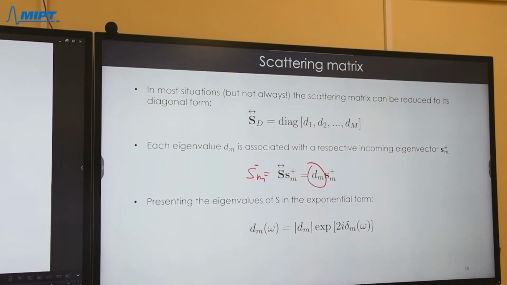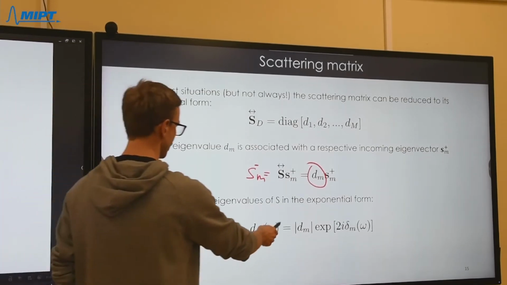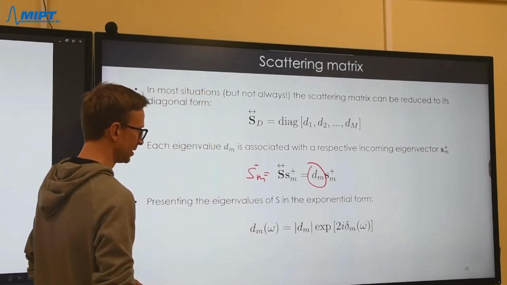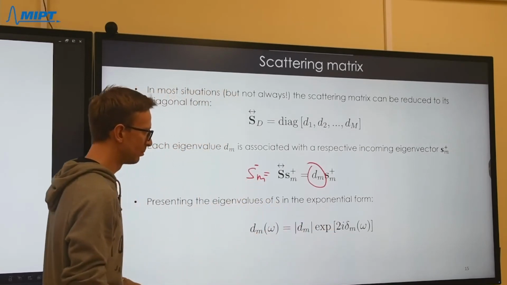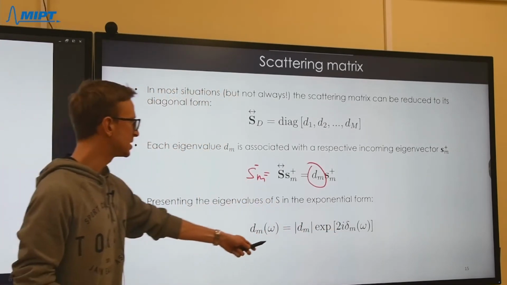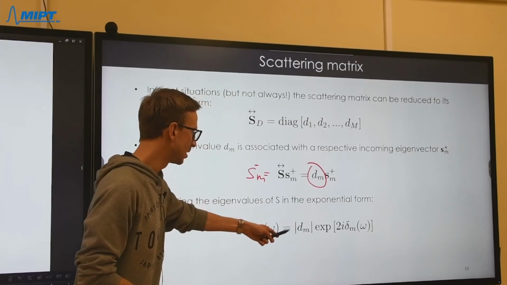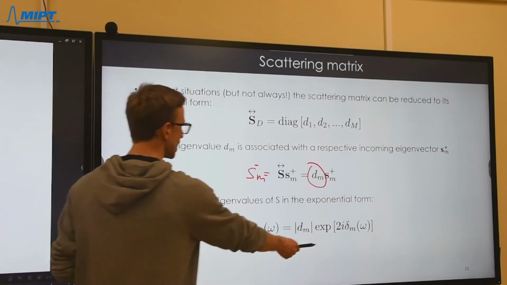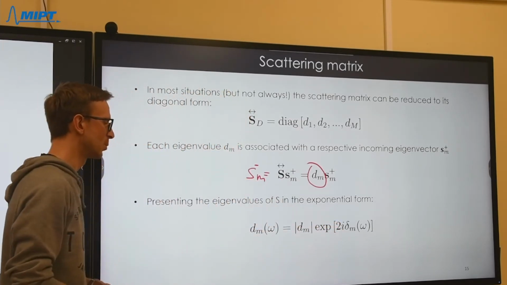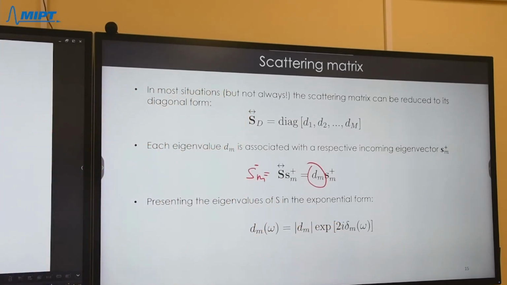And every element can be written in the exponential form, which basically represents every diagonal element as the absolute value multiplied by some exponent, where the absolute value describes the amplitude with which the scattering happens, and this delta describes the phase of the scattering, which you might be familiar from quantum mechanics.